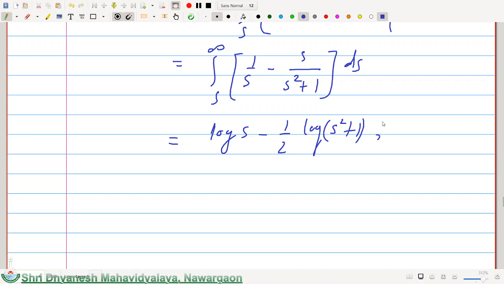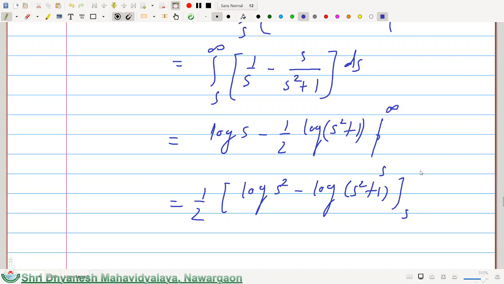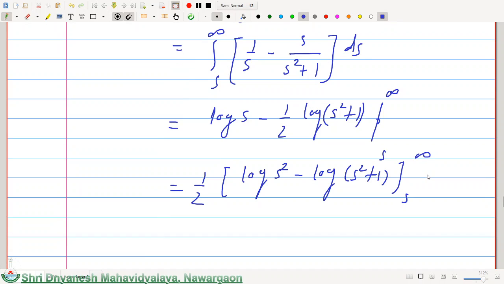So this is the integration with the limits s to infinity. And now you take 1 by 2 common from both the terms. You will get 1 by 2 here, and here will be log of s square minus log of s square plus 1, limits are s to infinity.